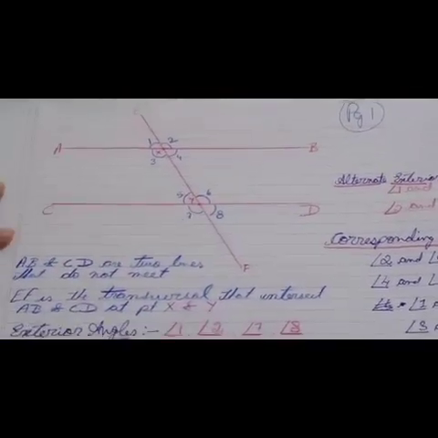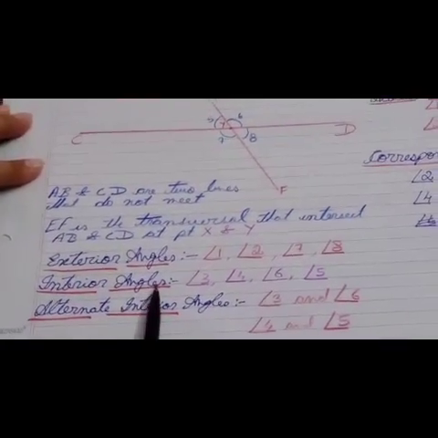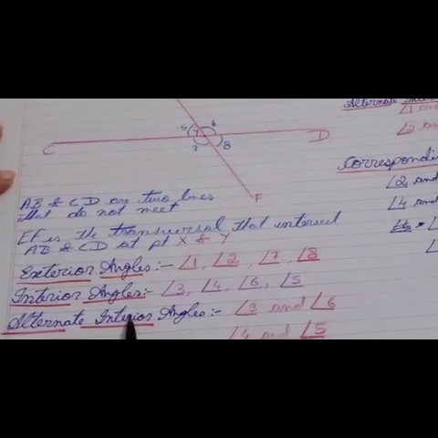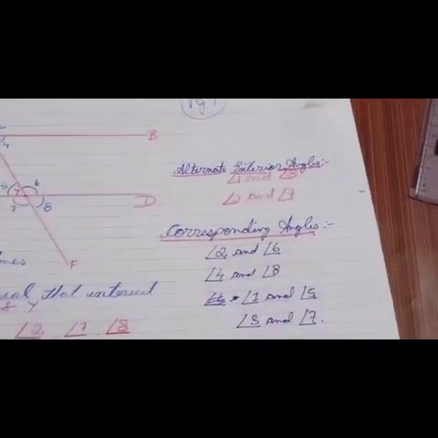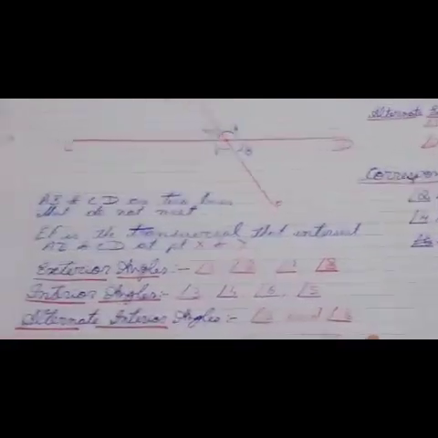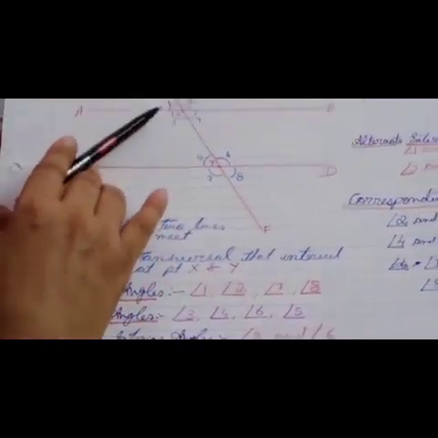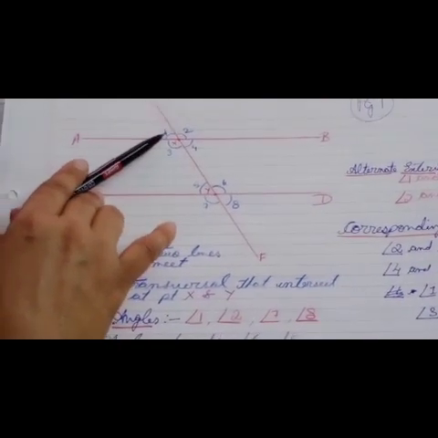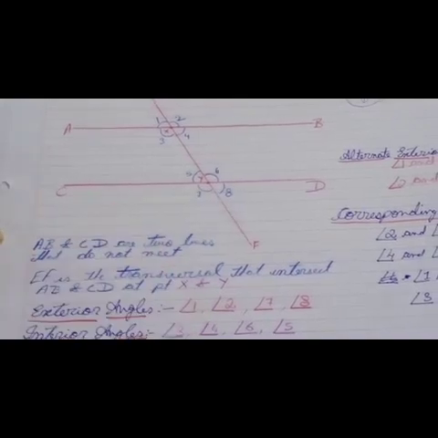Now students, here we will study some terms: exterior angles, interior angles, alternate interior angles, alternate exterior angles, and corresponding angles. So we will go step by step. Now children, look here, I have already marked these angles as 1, 2, 3, 4, 5, 6, 7, 8.